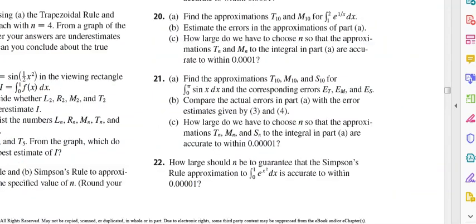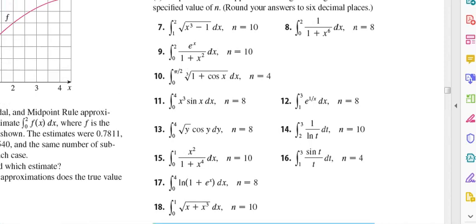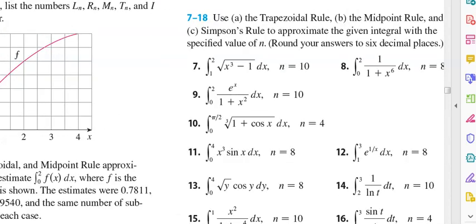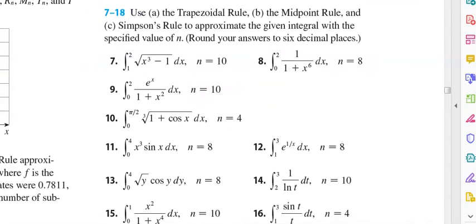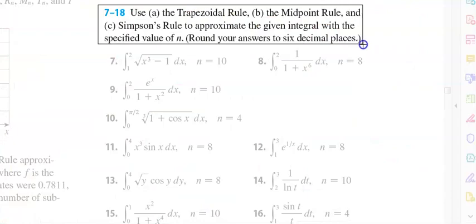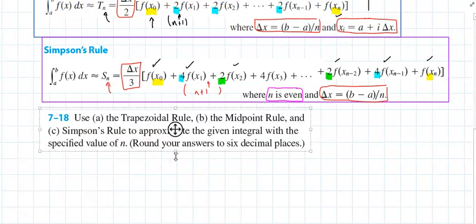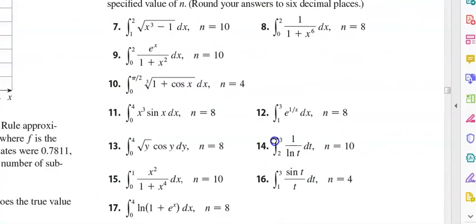Directions here: use the Trapezoid Rule, the Midpoint Rule, and Simpson's Rule to round to 3 decimals. Some of those you can integrate, many of those you can't. It doesn't matter whether you can or can't, it makes no difference.